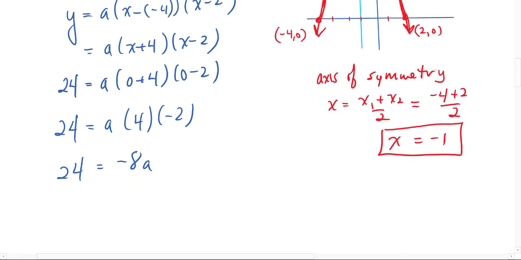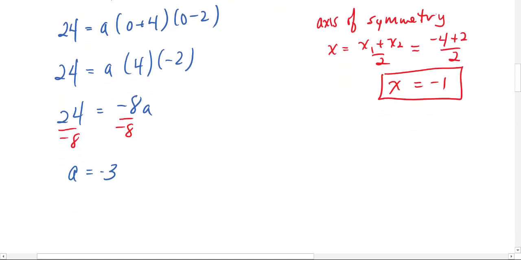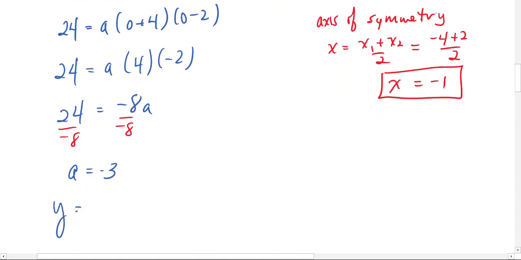And then we want to get rid of that negative 8, so we divide both sides by negative 8. And we end up with a equals negative 3. So what we have now is our equation in factored form. y equals negative 3, x plus 4, x minus 2.